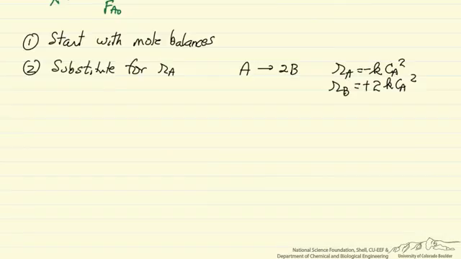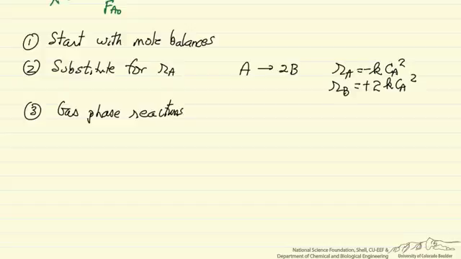The third thing we would do, if we have gas phase reactions in a flow reactor, which is typically how we carry out gas phase reactions, is account for the fact that often the volumetric flow rate changes as we move through the reactor.